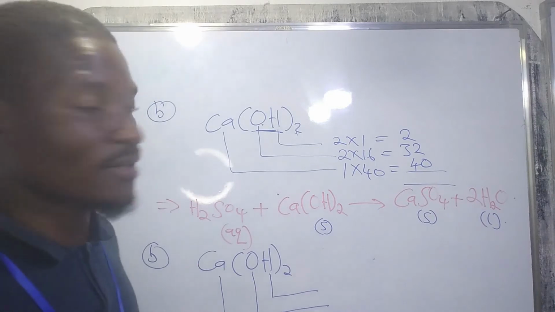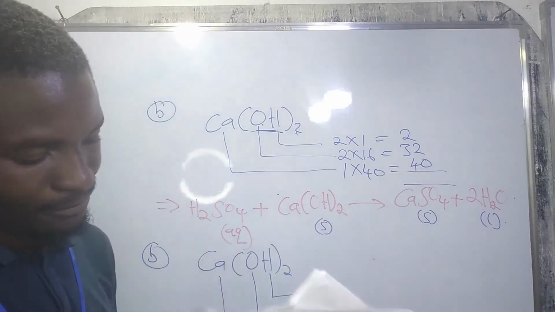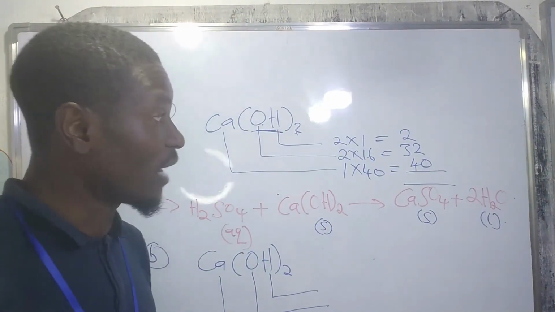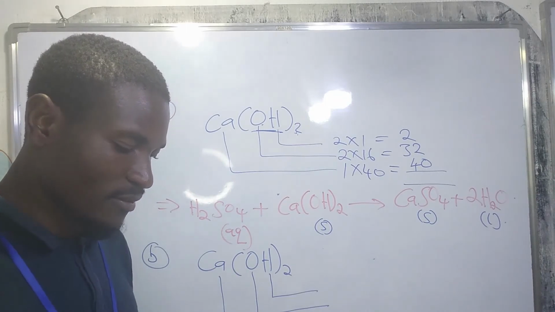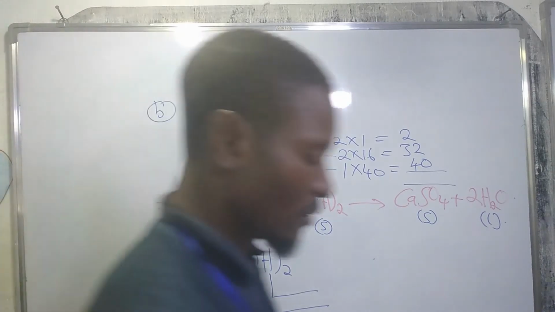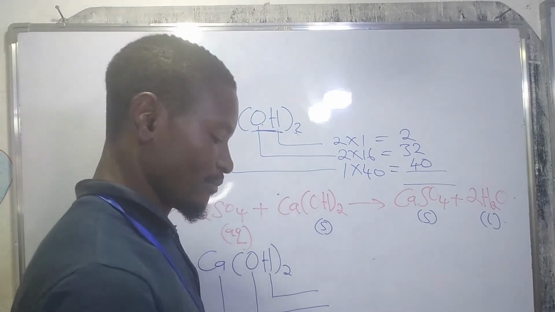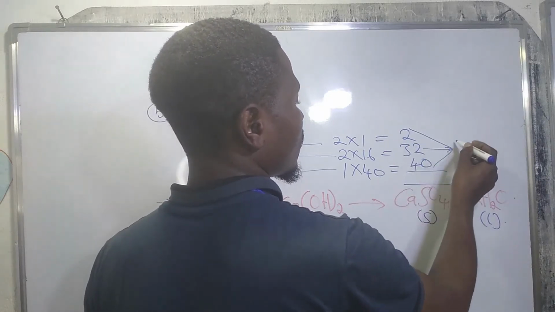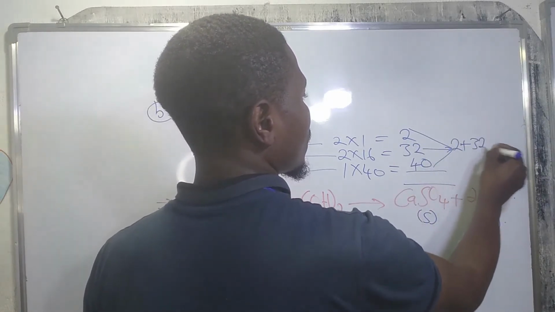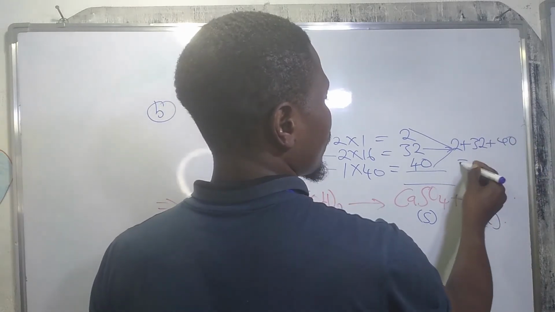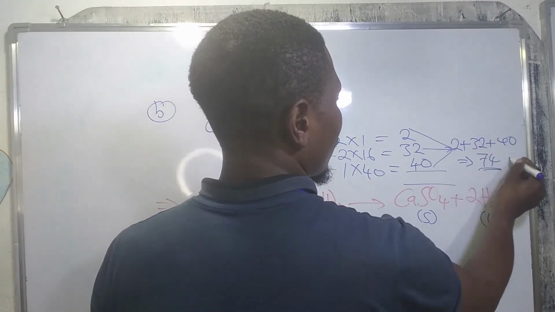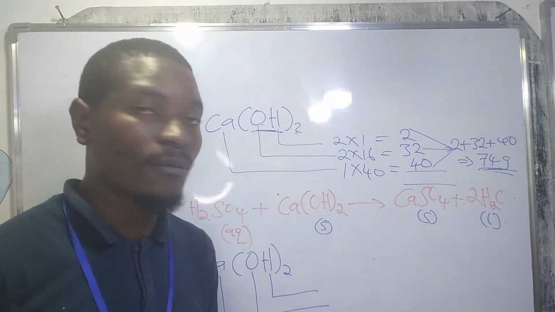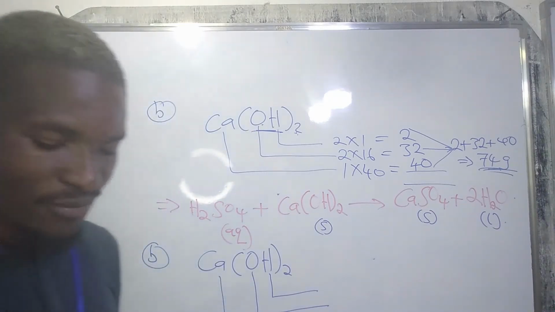What you do now is add those numbers: 2 plus 32 plus 40. This gives us 74. So that gives us 74 as the relative formula mass of calcium hydroxide.